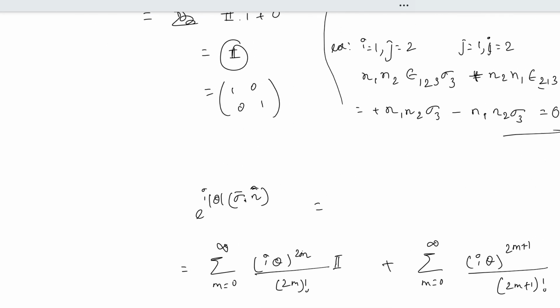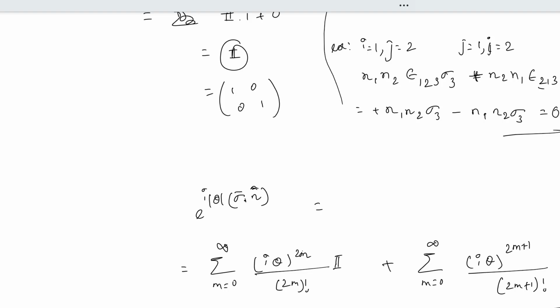Like this is the even series, partial terms, and this is the odd power series. Right, so you know that this is like e to the power of ix sort of a thing. So this is 1 plus ix whole squared by 2 factorial plus dot dot.